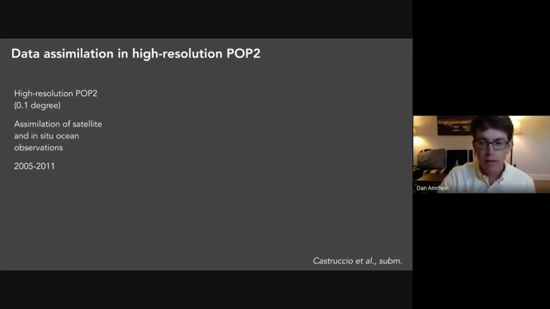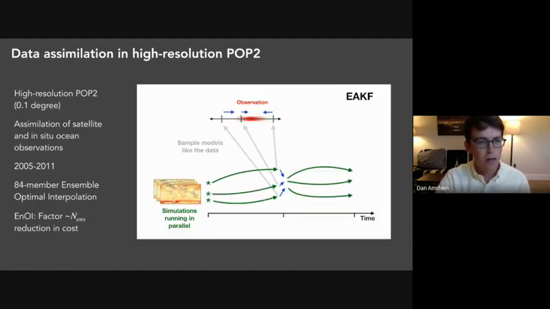I'll talk briefly also about some work that Fred Castruccio has been leading, submitted now, addressing both the difficulties in the boundary currents and the low resolution model, and also the quite high cost of running these ensemble data assimilation simulations. So Fred has run high resolution POP2 in, I think, 84-member ensembles, assimilating satellite and in situ ocean observations over a 6-year period.